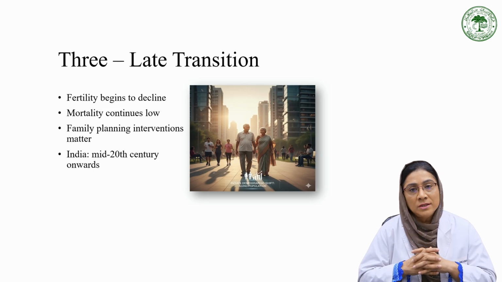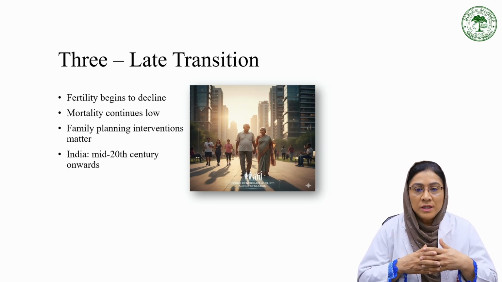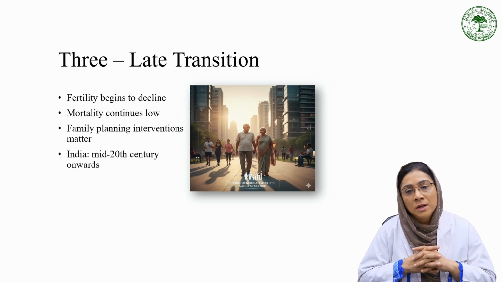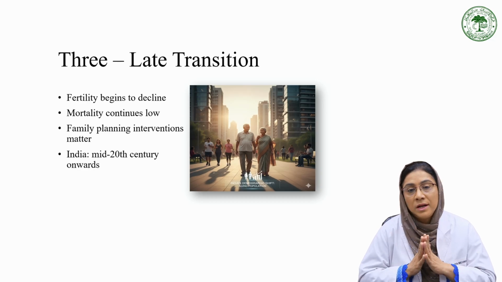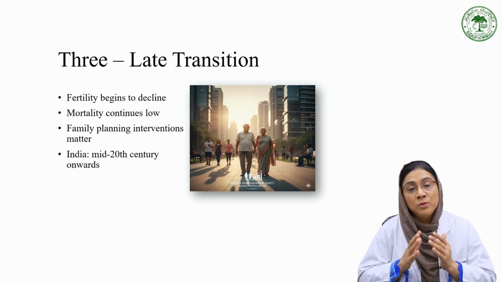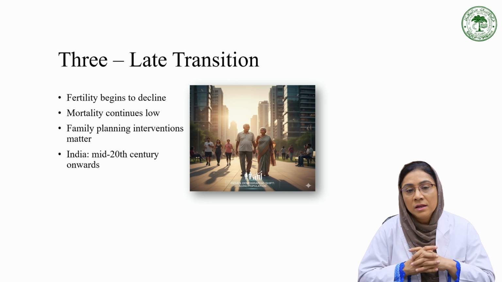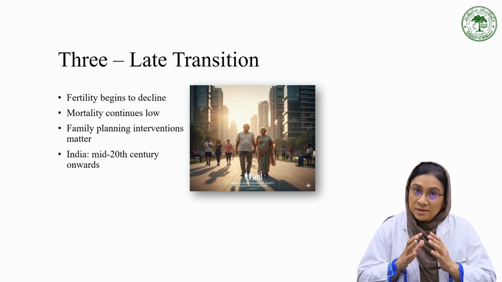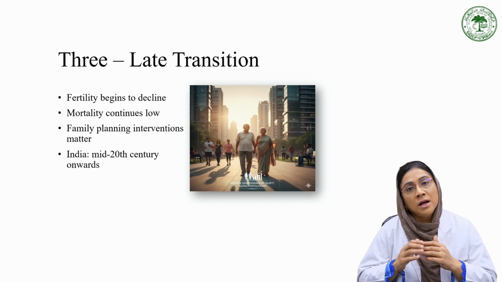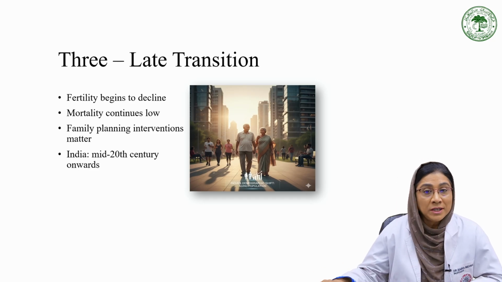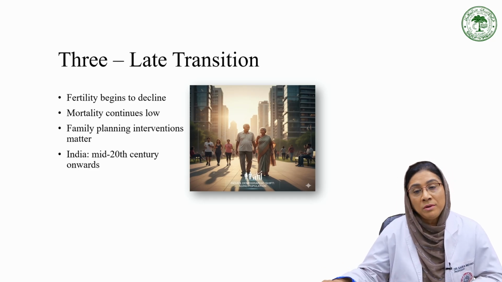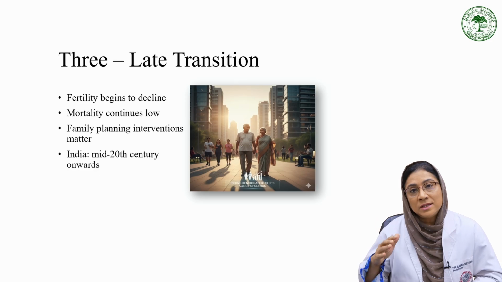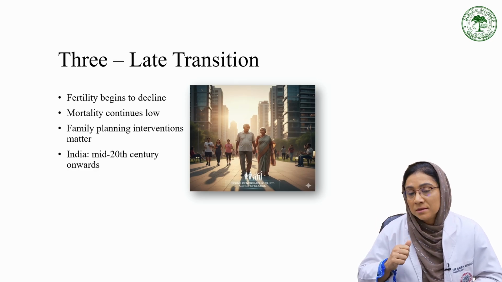Fertility differentials by education, wealth, and caste community narrowed over time, but did not disappear, underscoring the need for equity-focused strategies. The age structure becomes youth heavy but stabilizing, opening a window for a demographic dividend if employment, skills, and investments keep pace.